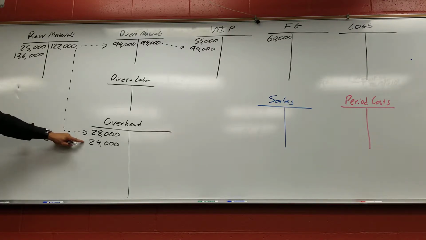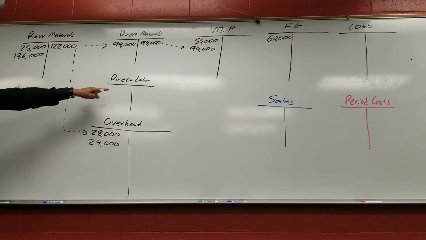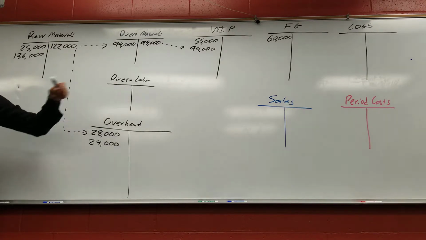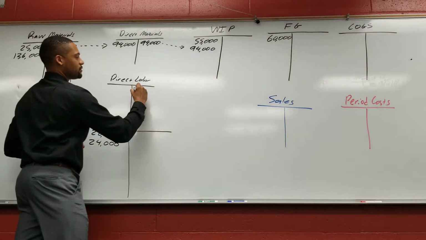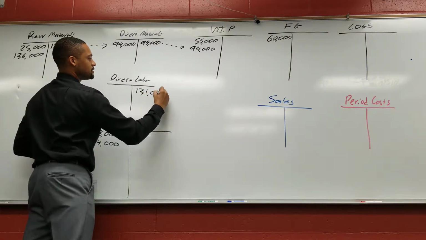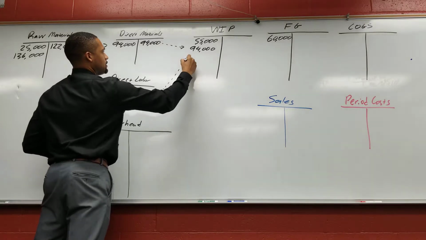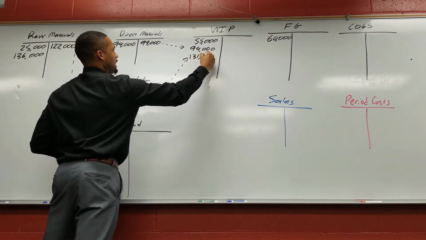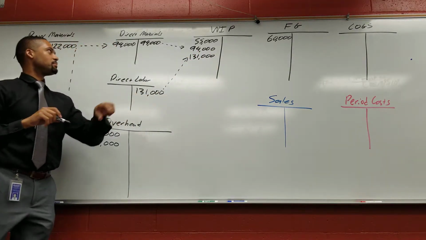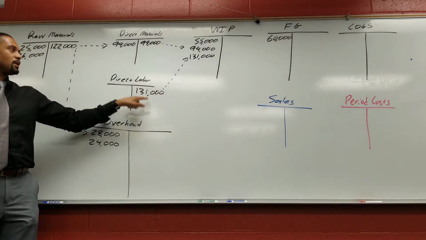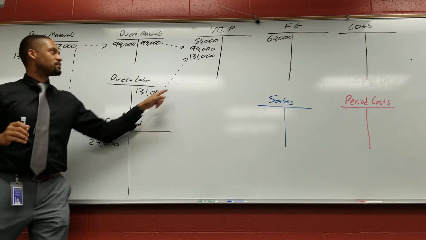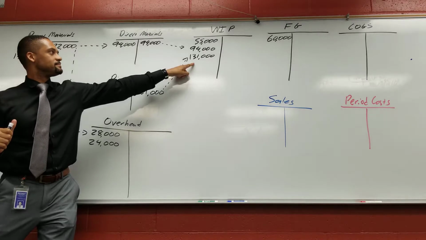And if $24,000 was indirect, that means the remaining $131,000 was used as direct labor. That's going to go right here, $131,000. And remember, anytime you have something that appears on the right side of your product costs, they're going to go right through to work in process.